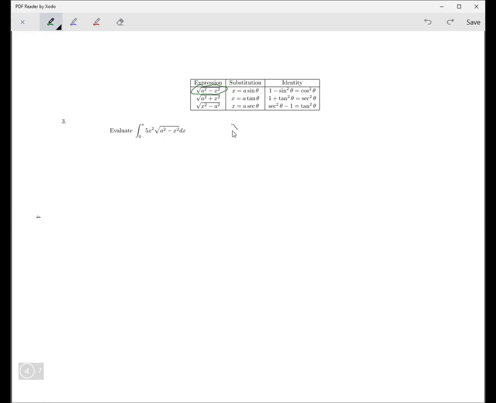So I'm going to make this substitution, x equals a sine theta, which leads to a squared minus x squared, this part inside here, being a squared minus a squared sine squared theta, which is a squared cosine squared theta. That just comes from the identity 1 minus sine squared is cosine squared. And then dx will be a cosine theta d theta, taking the derivative here.